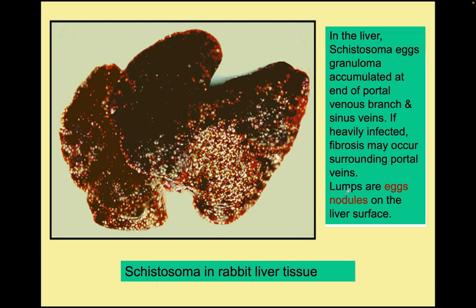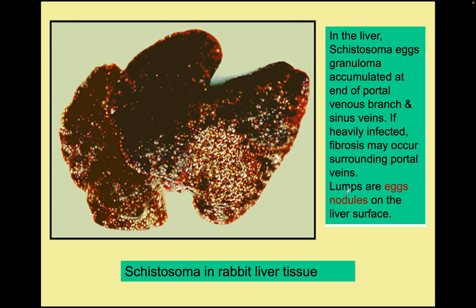And this is also the rabbit liver tissue model, and you can see a lot of fibrosis, a lot of nodules on the surface of the liver, so the liver is not very smooth. In this liver, the Schistosoma egg granuloma was accumulating at the end of the portal venous branches and the sinus veins.